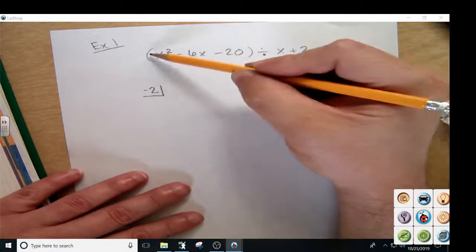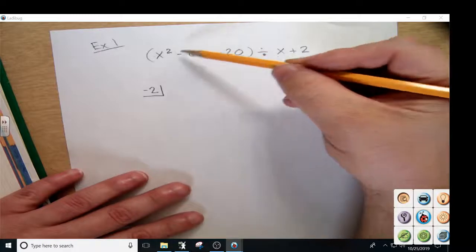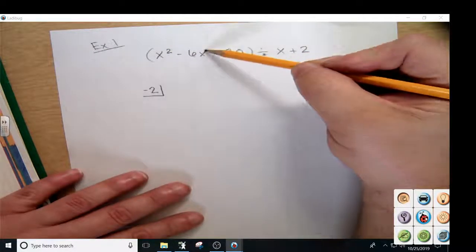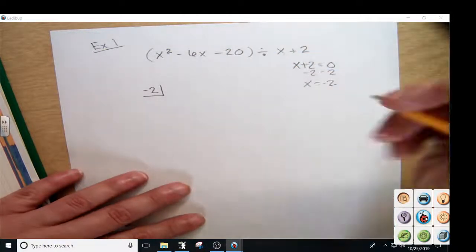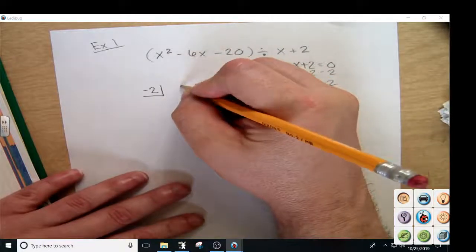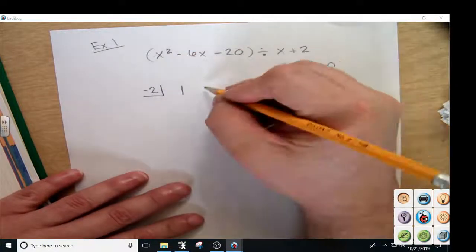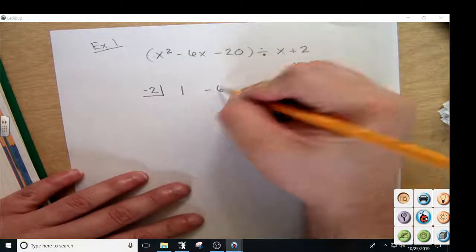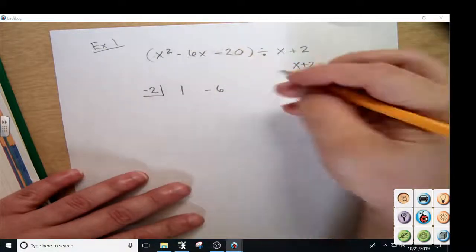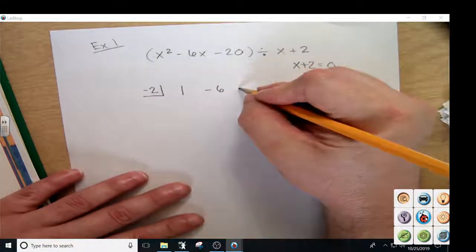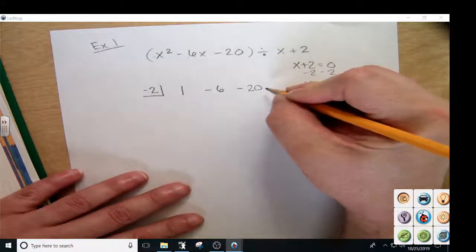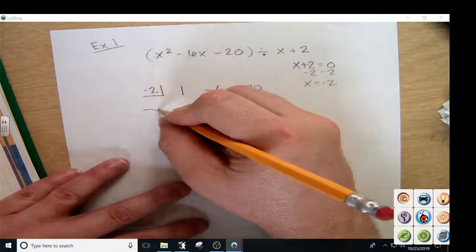Make sure you're not missing any powers. You got x to the second, x to the first, constant. So we're not missing any powers. That's good. So we're going to take that 1 from there, the negative 6 from here, and the negative 20 from here. Now, draw your line here.